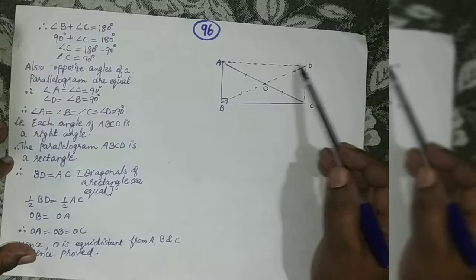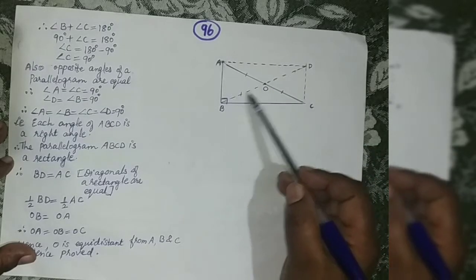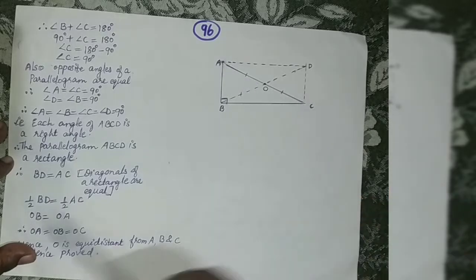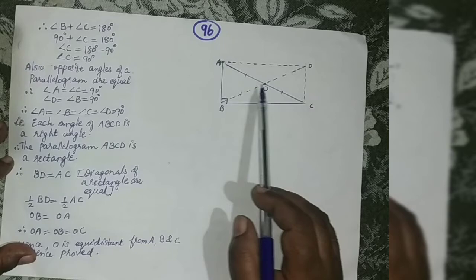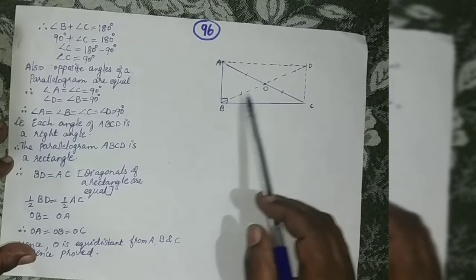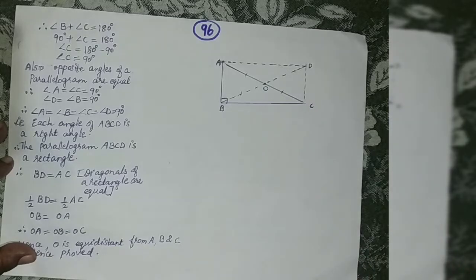And diagonals of a rectangle are equal, that we know. So we can say half of BD is equivalent to half of AC. What is AC's half and BD's half? BD's half is OB and OD, and AC's half is OA and OC. They all four are equal, being halves of the diagonals.